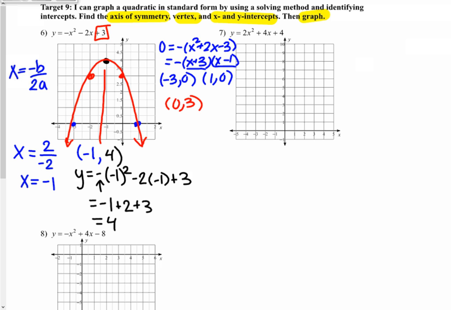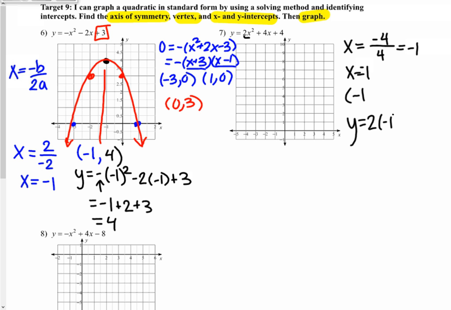Number 7, starting by finding our vertex, we're going to use negative b, so negative 4 over 2a. Well, 2 times my a value of 2 is 4. So again, I'm going to get negative 1 for my axis of symmetry, and I'm going to get negative 1 for the x of my vertex. I'll plug that in to find the y of my vertex.